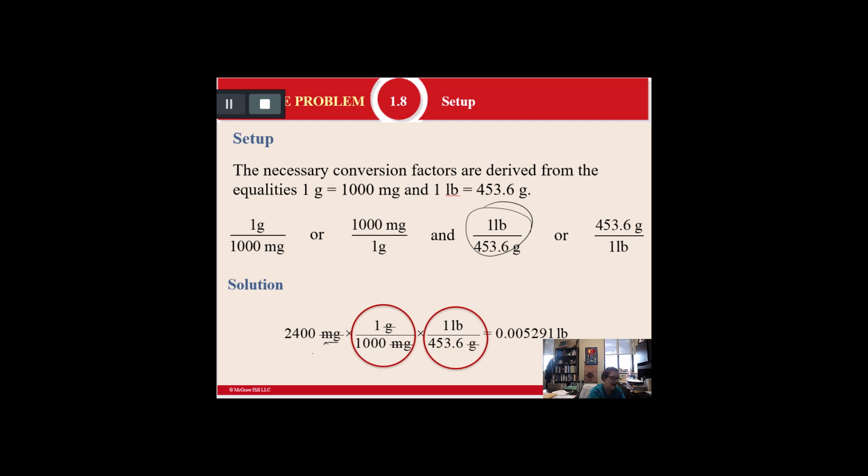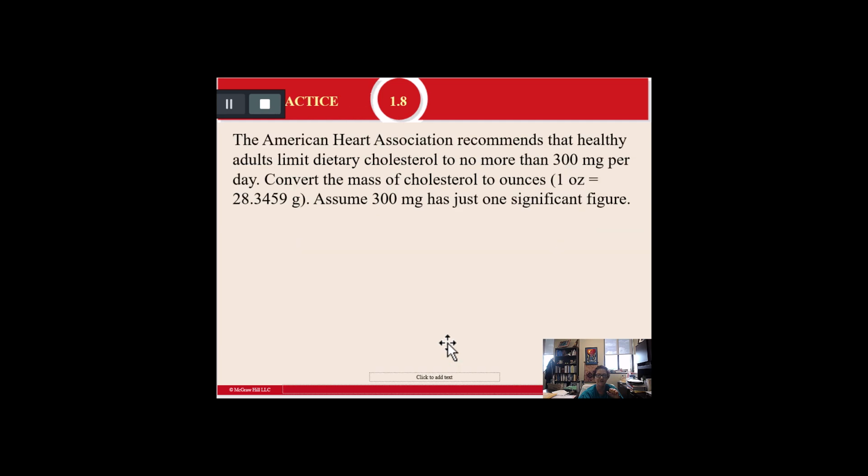I multiply by that, and that gets rid of milligrams. Then I can multiply by my conversion factor. I need to get rid of grams and leave me with pounds, and that's how I know which one goes on top. Then my answer is in pounds. So you're going to be getting rid of those units as you go through.